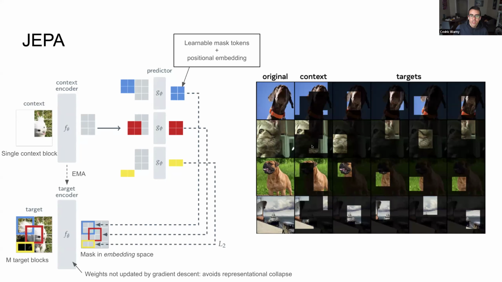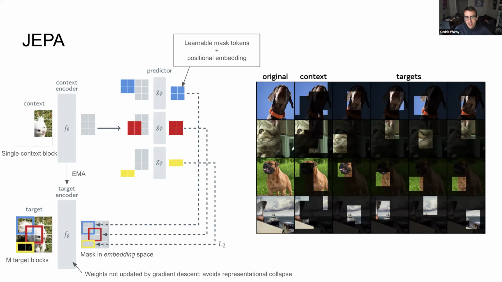Here on the right of this slide, I have illustrated the context blocks and the target blocks. It's fairly straightforward. So basically, you pick a context block.